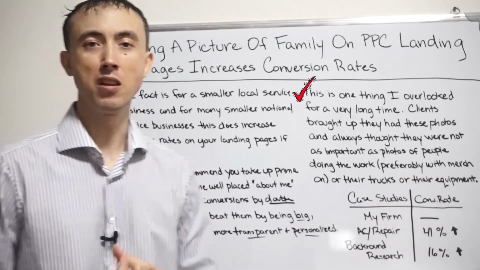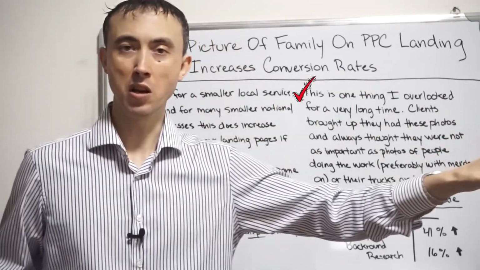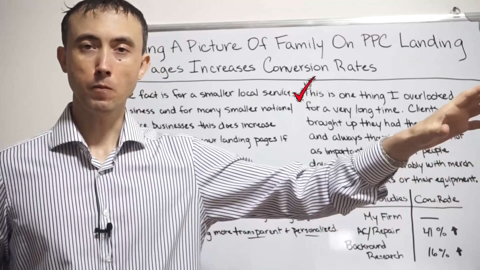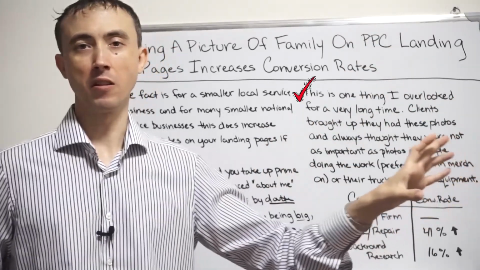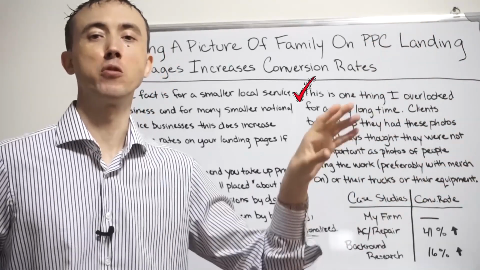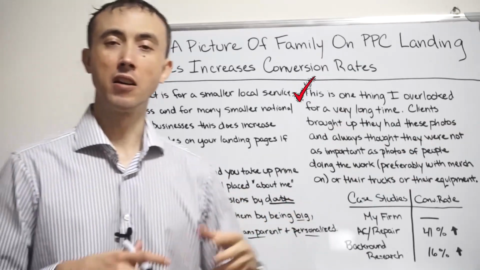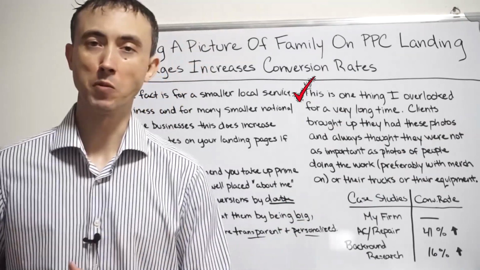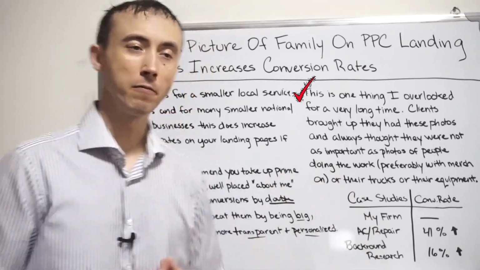So if you have a tree service company, a picture of the tree, a crane picking up a tree, and the logos on the equipment showing that we own this equipment. And so you show doing the work, but not just the guys doing the work, the equipment doing the work, in other words. That also sometimes will work better than just showing the work being done by the guys itself. But generally you want the guys and the truck.